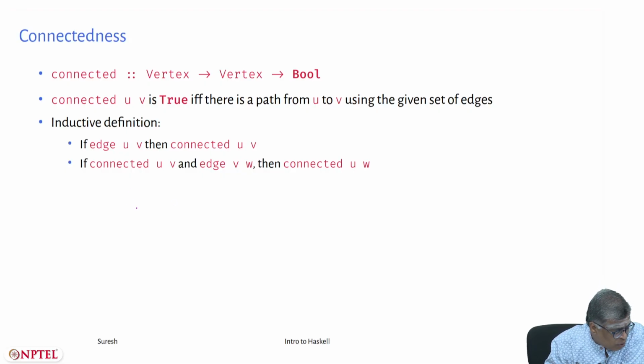So you might want to say this is hard to write. As stated, this is not a program in Haskell, because you might think of it as writing some logical statement like this.